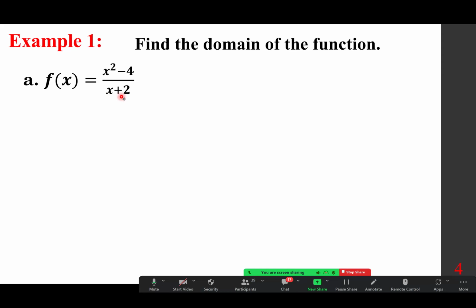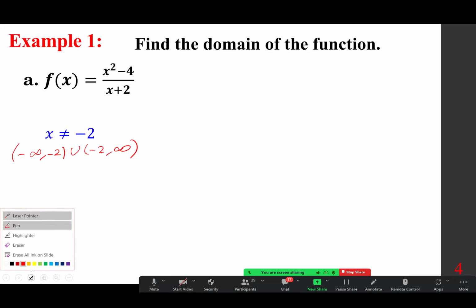So you could simply write it as x can't be negative 2. Or in interval notation, you may write minus infinity to minus 2, union minus 2 to infinity. Parentheses means open, the endpoints are not included.